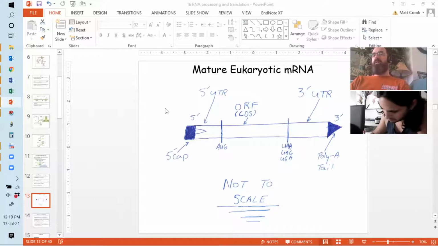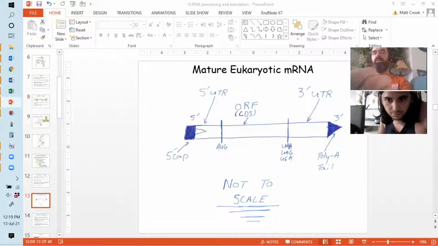We have our ORF, which stands for open reading frame, also called CDS, which stands for coding sequence.